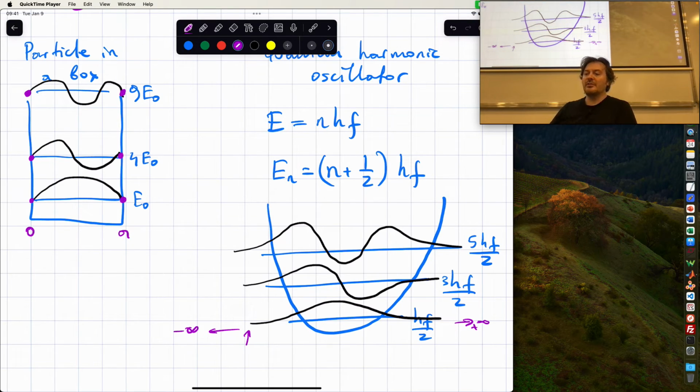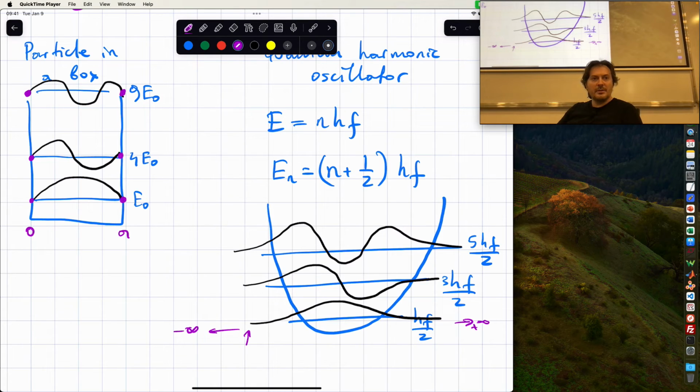So what is changed when you go from particle in a box to harmonic oscillator? What is the main change? The potential is not 0 anymore, right? What is the potential energy? It's basically kx squared over 2.